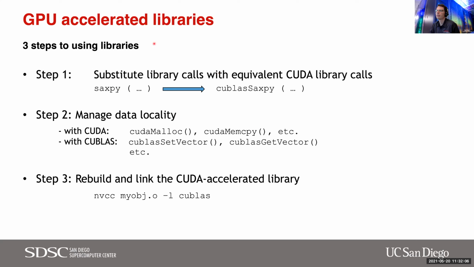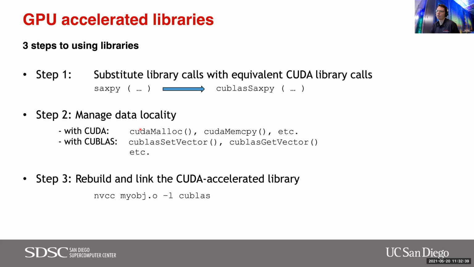If you have a C, C++, or Fortran code and you want to use a library, it's pretty simple. Imagine you have a SAXPY call, that's a BLAS function, single precision a times x plus y. It's a vector addition. You just replace it with a call to cublasSaxpy, and then you have to do some additional things, managing data locality, meaning you need to allocate memory on your GPU and transfer the input data to the GPU, and there are cuBLAS functions for that as well.